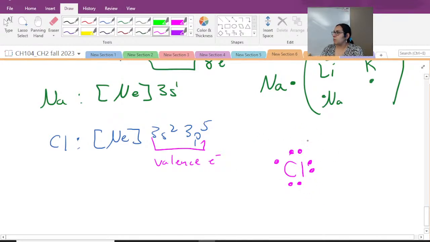And again, we can start piecing together some information. So we have one little random electron here. So this is telling us it wants one bond at least. And of course, we'll later find they can do funky stuff, but this is at least a good starting point. It's missing one, so it's probably going to make one bond.